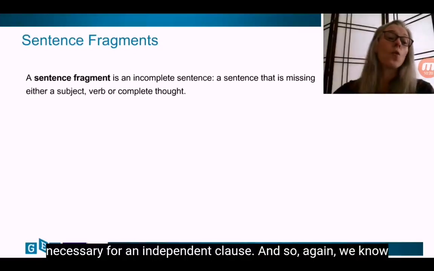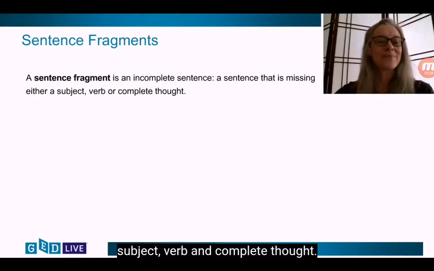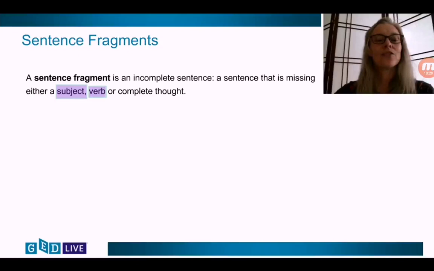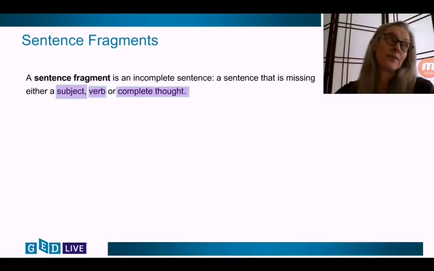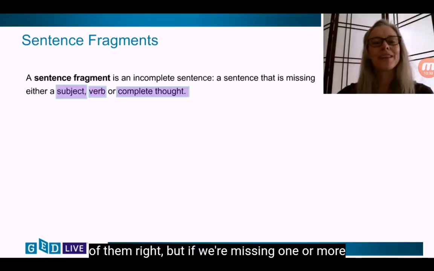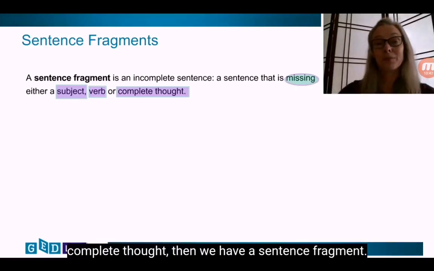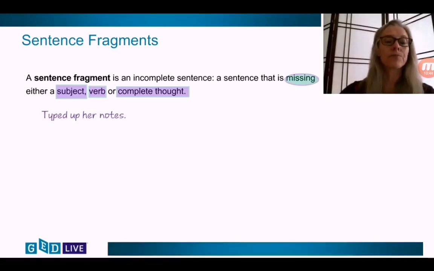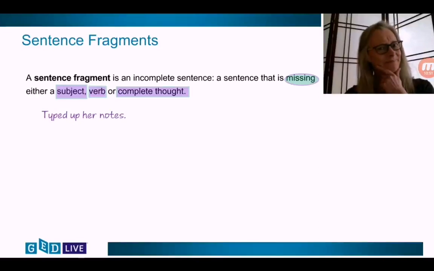We know that an independent clause has to have a subject, verb, and complete thought. And so if we are missing one or more of those, then we have a sentence fragment. So for instance, "typed up her notes" is missing a subject.